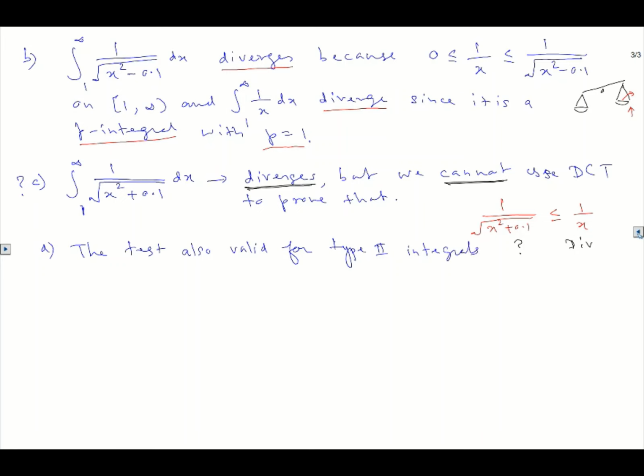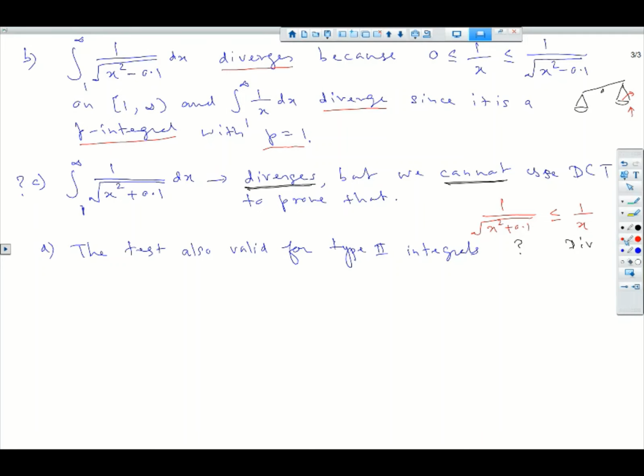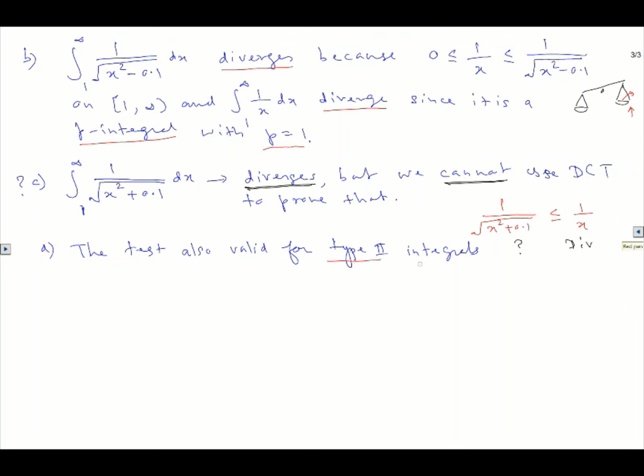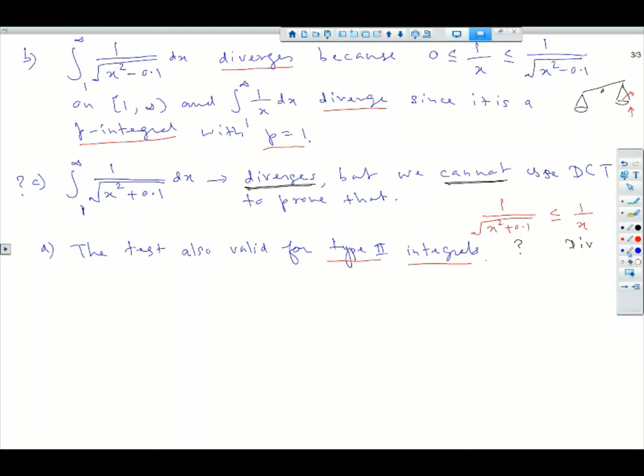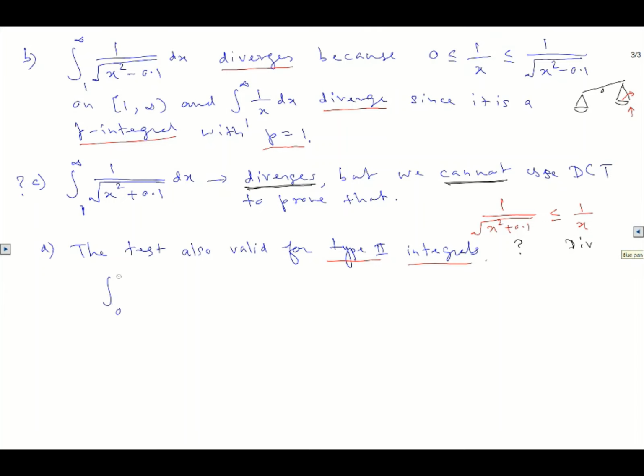Okay, this is also valid for type 2 integrals. So let's do this one. The integral from 0 to pi over 2 of cosine x over square root x converges.